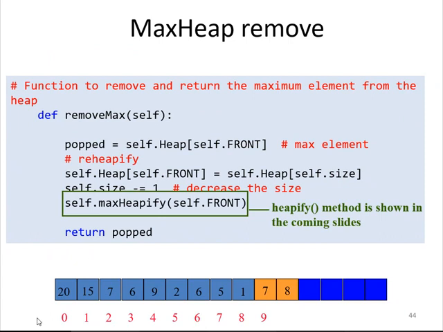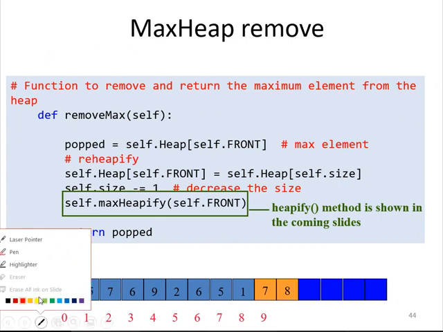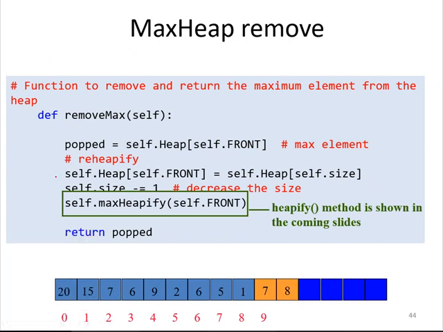And you can see that in this statement, this heap dot front is equal to the heap size dot size. It means that this last element is moved to the front, to replace this 20.